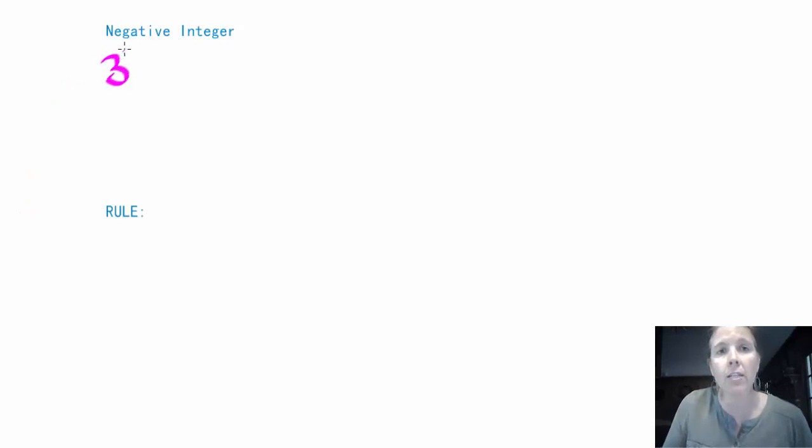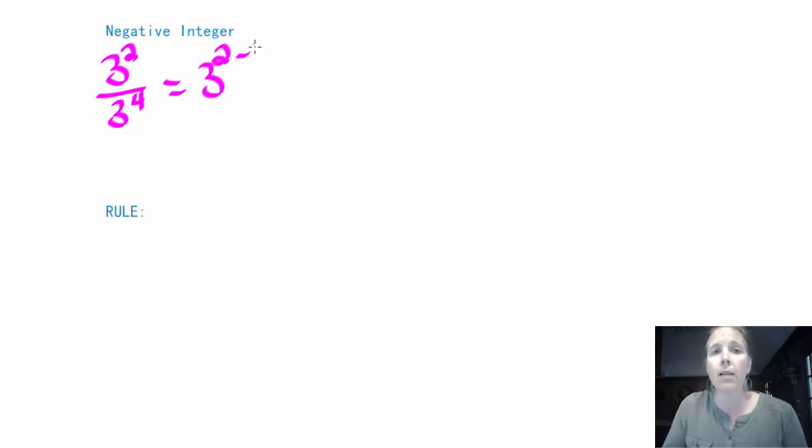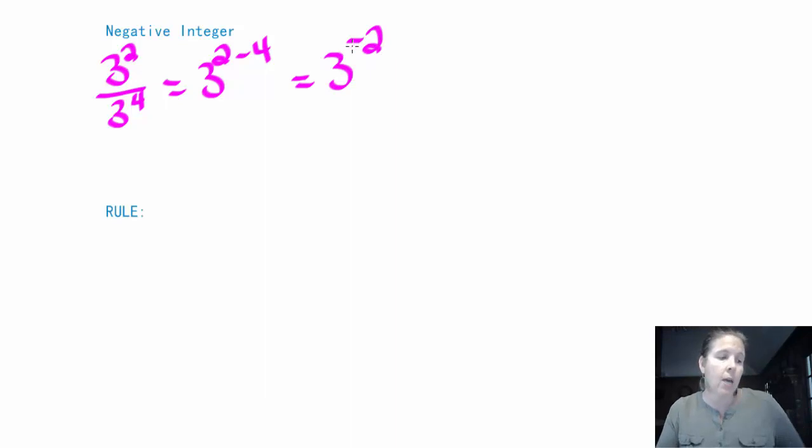We have one more. Okay, so negative integers. This tends to be the one that can be the most confusing. We'll see how it goes. So let's say we have 3 squared over 3 to the 4th. The rule says we bring it up to the top, so this would really be 3 to the 2 minus 4, which is 3 to the negative 2.